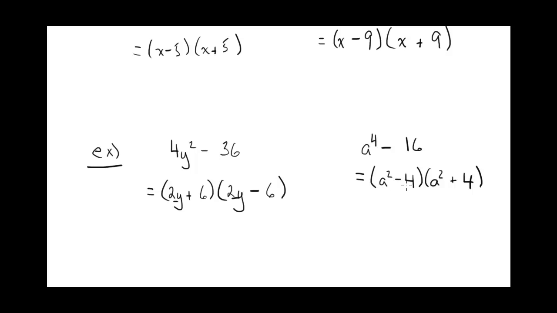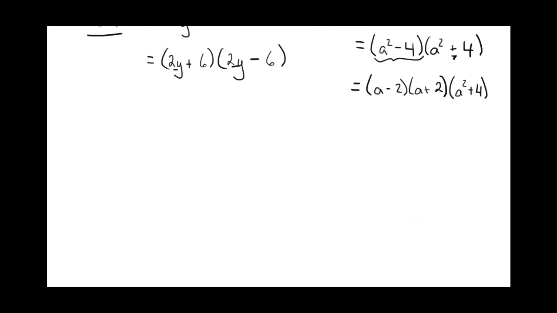Well, what do you notice? So we're good that if you multiply this out, you get this. But looking at this bracket, you maybe notice something. And that would be that that's a difference of squares also. So you can go further. A minus 2, a plus 2. And then this bracket, some people will be tempted to do this one, but notice it's a plus. So you can't factor, this would be a sum of squares. You can't factor a sum of squares.